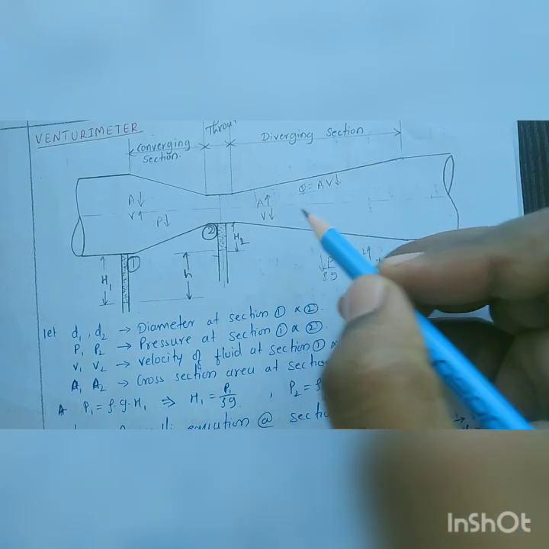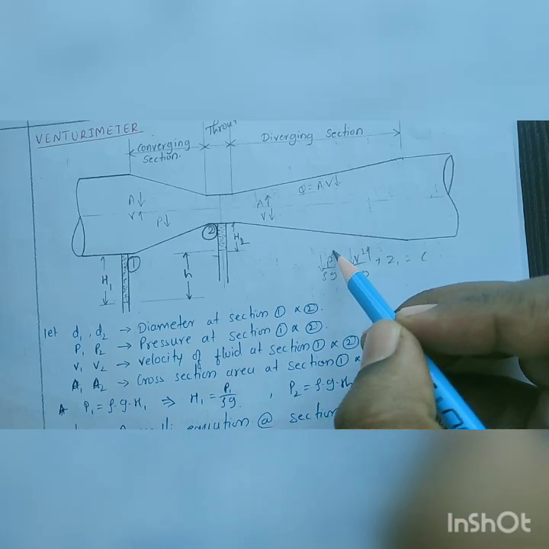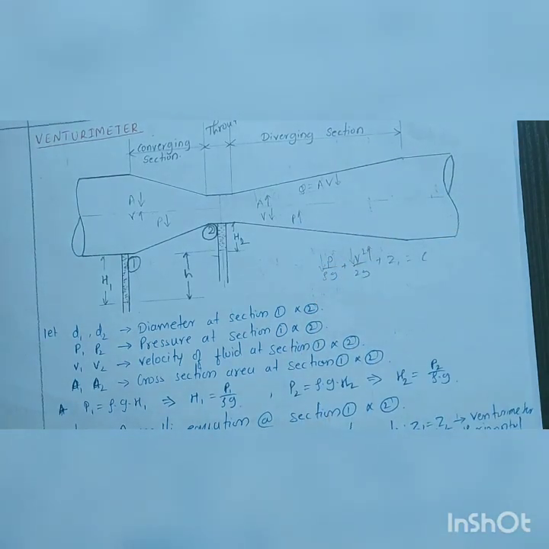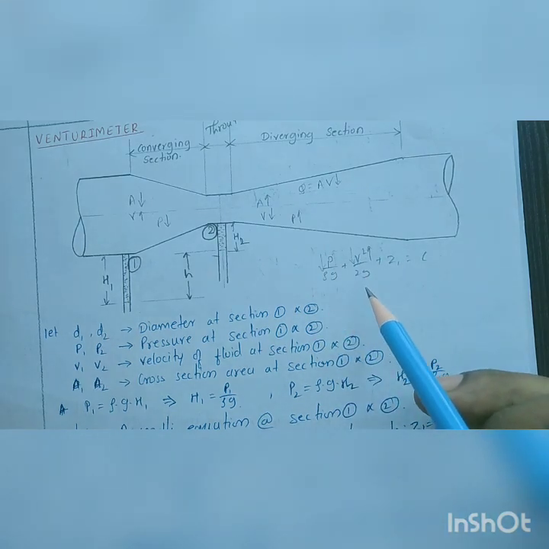When the velocity decreases, what should happen to the pressure? Pressure should increase. So understood, basically it's all nothing but conversion of one form of energy to the other form.